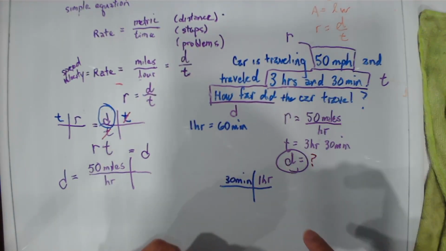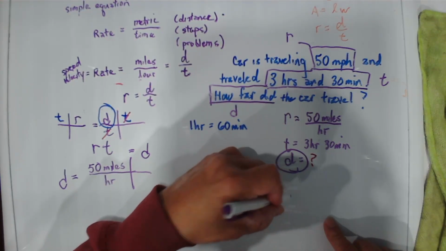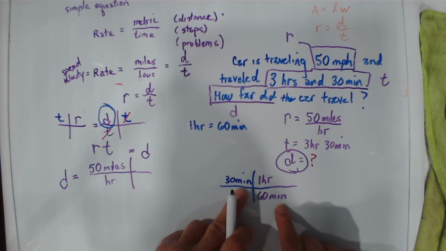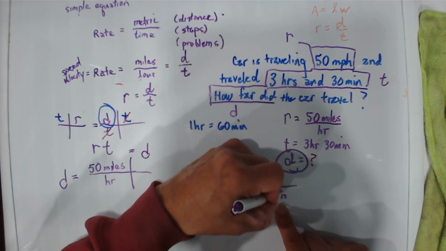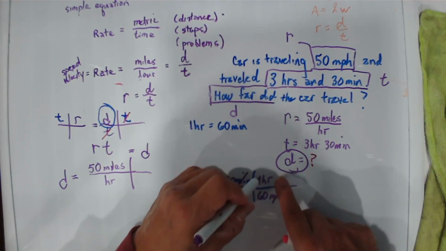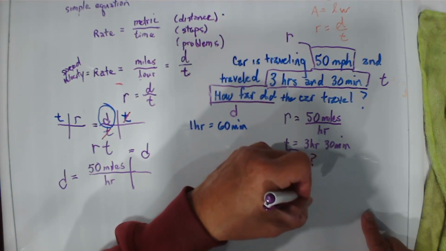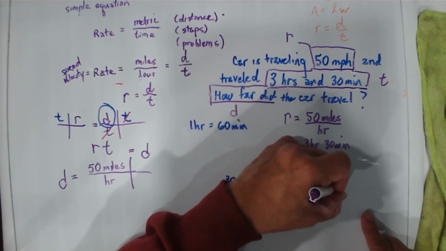And I'm going to put the minutes on the bottom. 60 minutes. Let's see if that's going to work. Hang on. The minute on top, minute on the bottom. Okay, I think that's going to do it. So minutes cancel, and I get 30 over 60 hours. Well, we know 30 over 60 is the same as 1/2, or 0.5 hours.